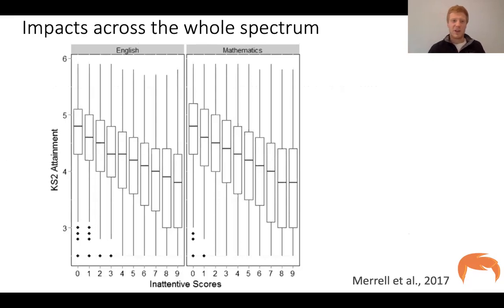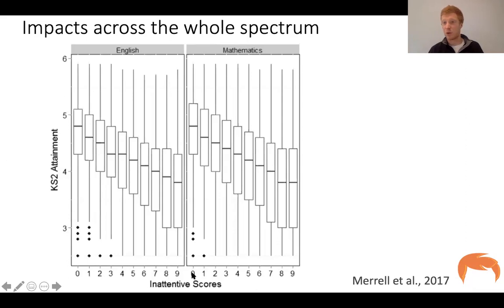So this is a graph from Christine Merrell and colleagues who work in Durham University. On the bottom, you've got inattention scores. These are scores given by a primary school form teacher who will obviously see their students a lot and become very knowledgeable about them. And they complete a questionnaire about their attention skills. And that produces this inattention score.